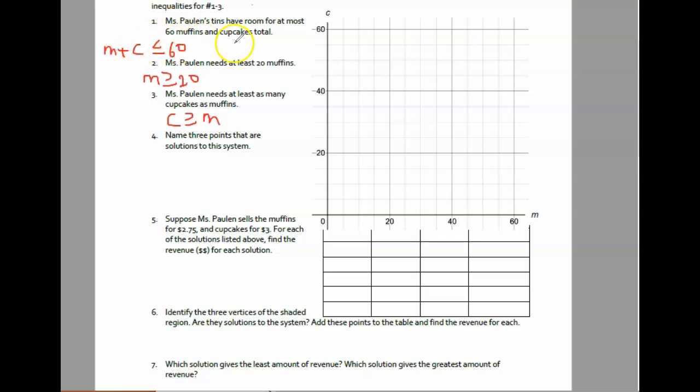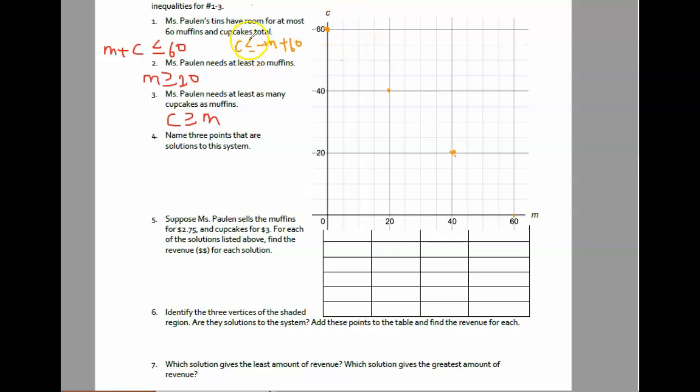I'm going to subtract M from both sides, so C is less than or equal to negative M plus 60. This is the same as Y equals negative X plus 60. So the Y-intercept is at 60. Slope is negative 1, so it's going to go down. That's not 1, but it's 20, so down 20, right 20 is the same as negative 1.